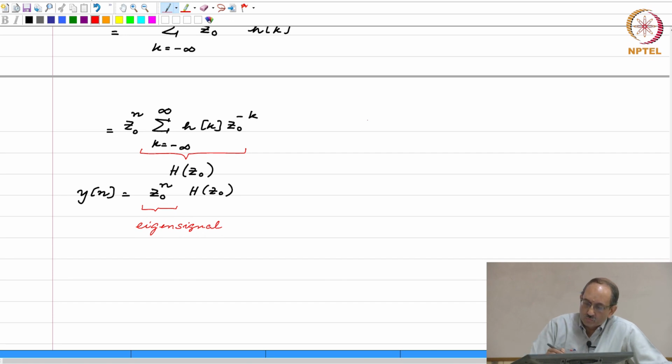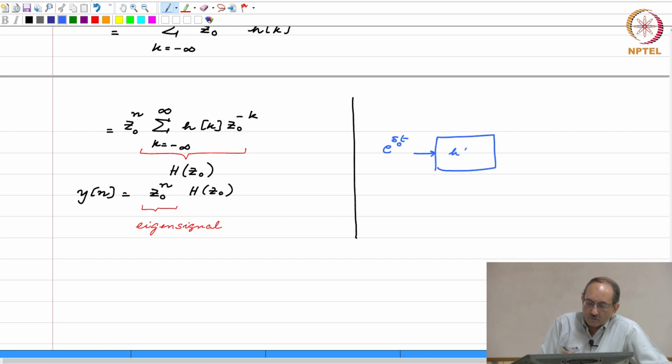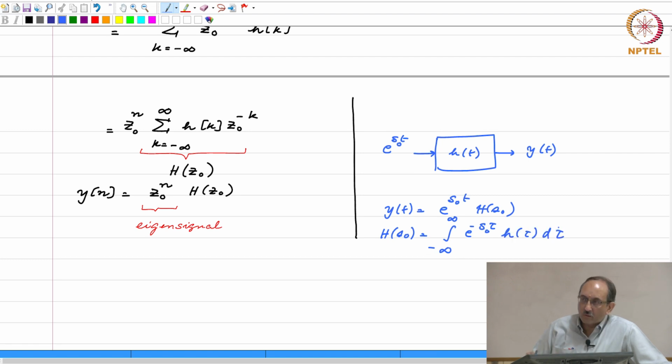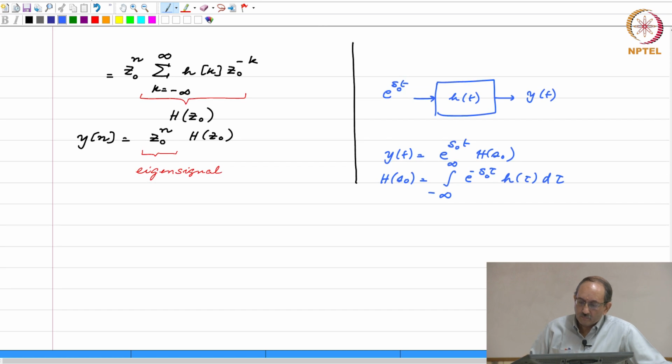Just to show the parallel here, if you have e to the s naught t, and if you apply this, you will see that y of t is e to the s naught t times H of s naught, and H of s naught is nothing but the integral from minus infinity to plus infinity of e to the minus s naught tau h of tau d tau. And this is the bilateral Laplace transform.